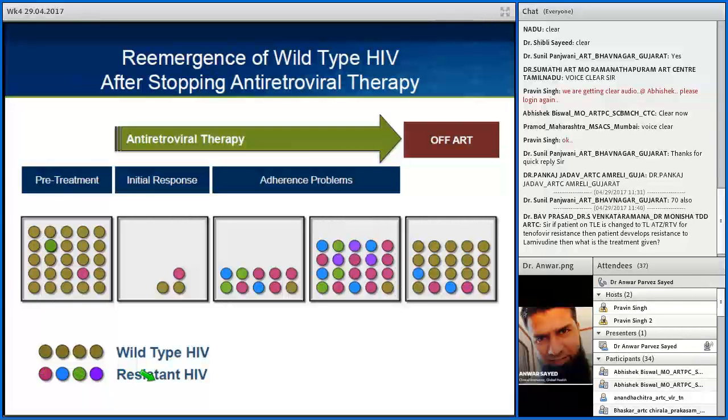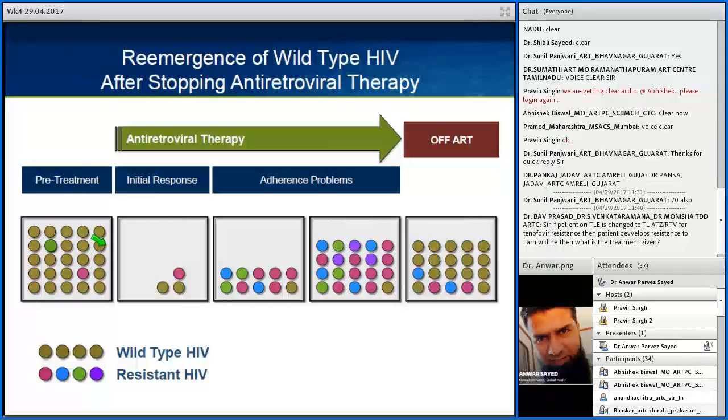And these colorful ones are resistant viruses. So before treatment, there can be some level of mutations already present in a person's body, because we said that virus multiplies rapidly, millions and billions of times in a day, and it makes errors. Because of that error, there can be some resistant strains, but this will be to a small extent.